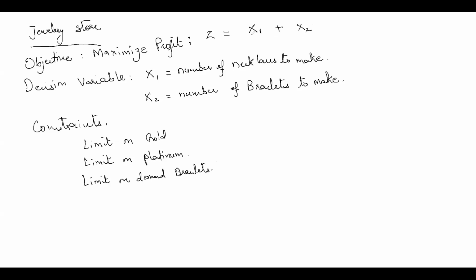So this is the quantity we are going to make. And then once we sell that, we know that a necklace is sold for $300 and a bracelet is sold for $400. So, for example, if we make one bracelet and one necklace, the total profit would be $700.